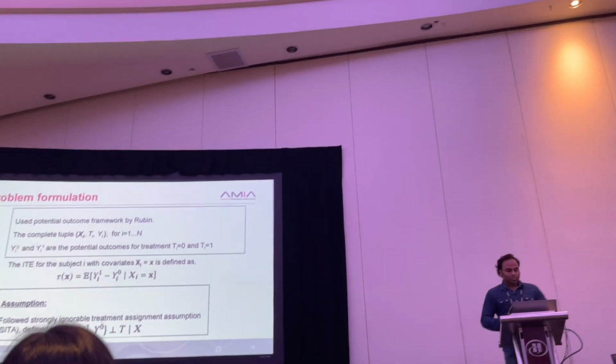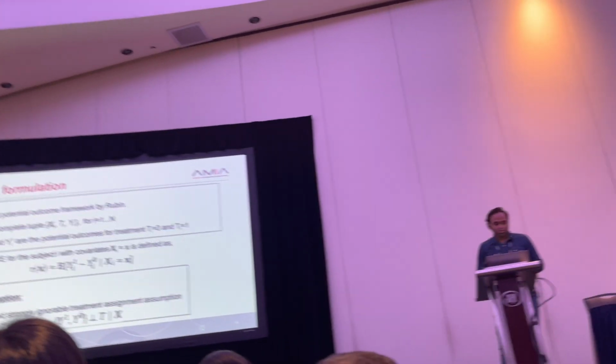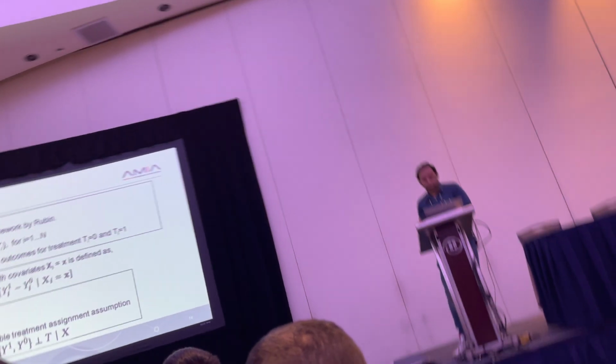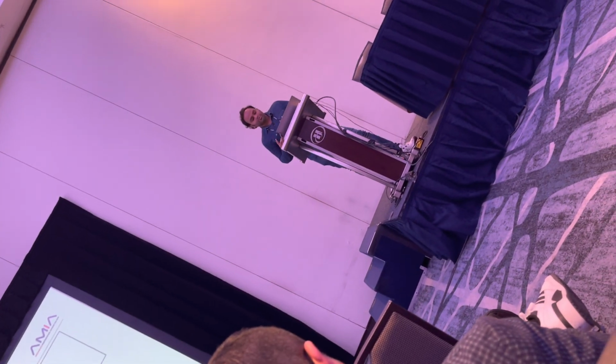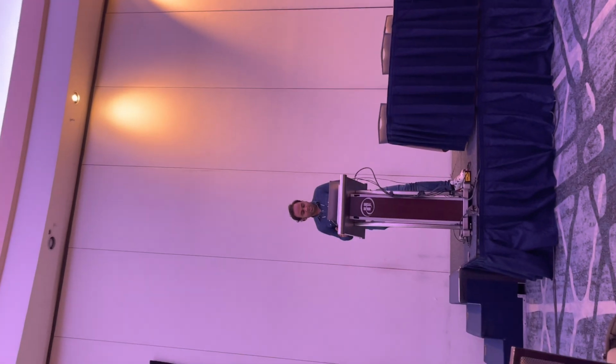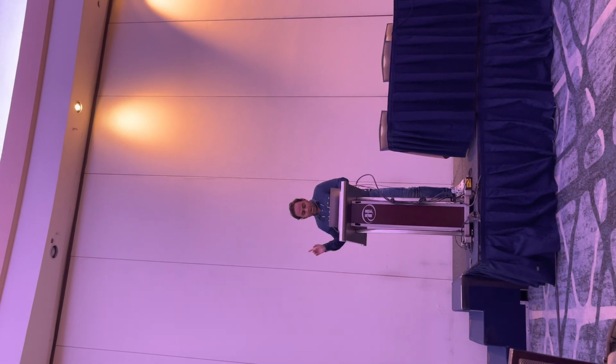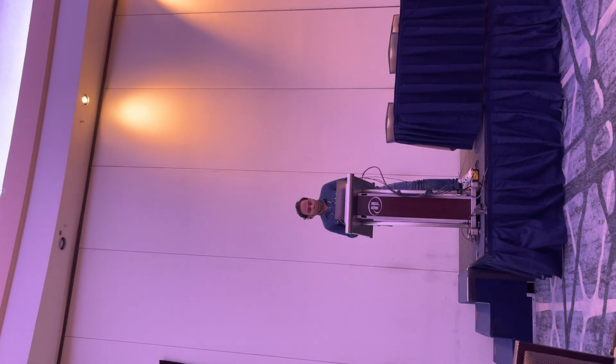Let's see the problem formulation. Throughout this work, we followed the potential outcome framework by Rubin, where we are given a set of tuples where x's are the set of covariates or feature vectors, t are the treatments, and y is the outcomes. So yi is the observed outcome, and y0 and y1 are the potential outcomes for treatment t equals 0 and t equals 1.